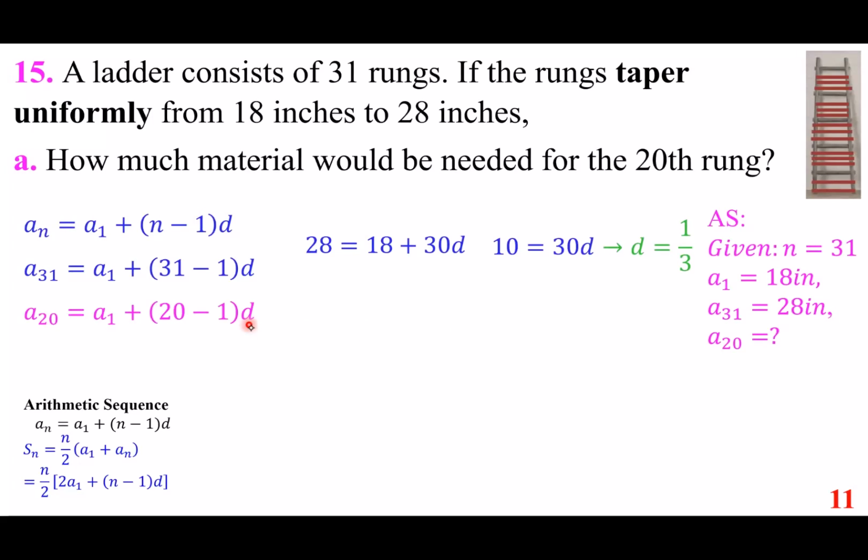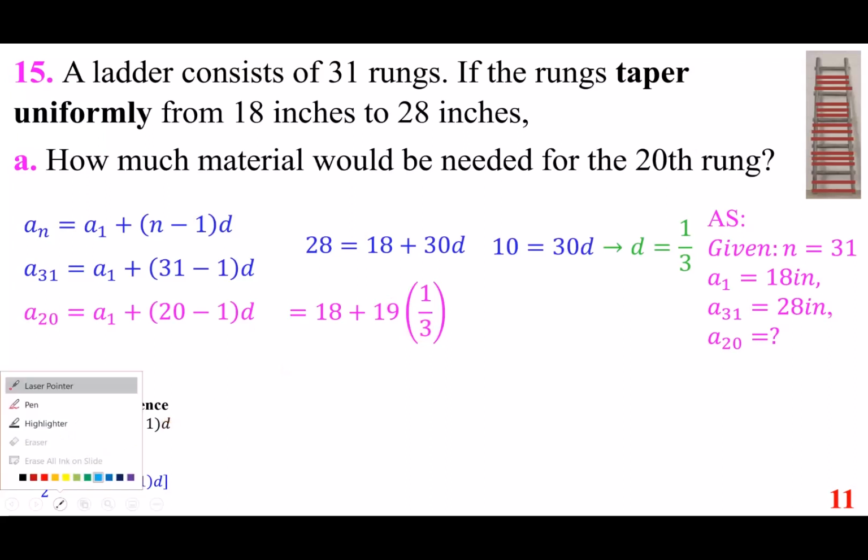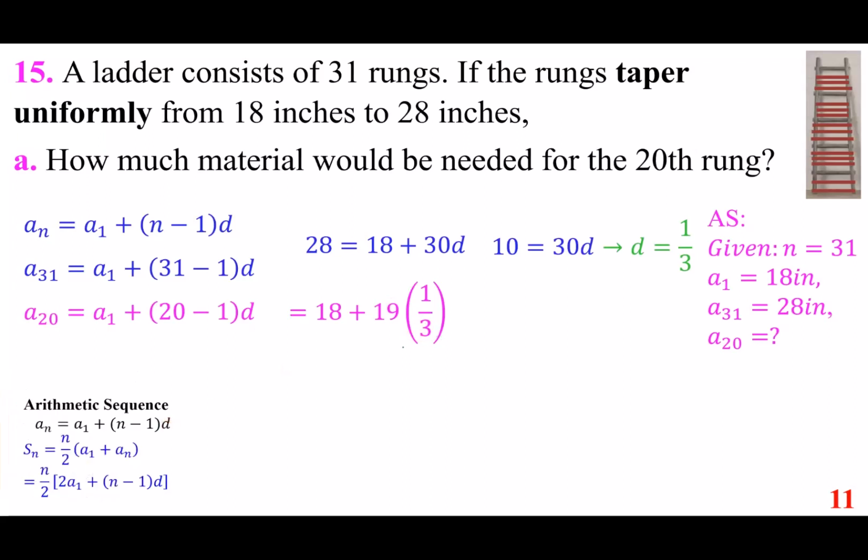And of course, this is 19/3. You may recognize 19/3 means 6 and 1/3. 6 and 18 is 24, so 24 and 1/3. And as I mentioned, don't forget the units whenever you're dealing with the applications, and the units are in inches.